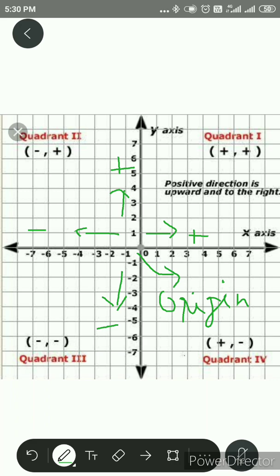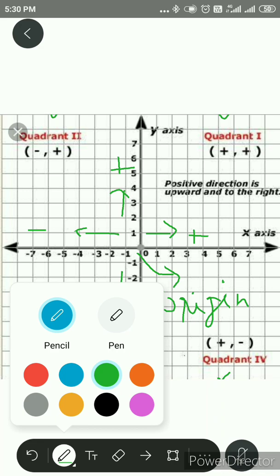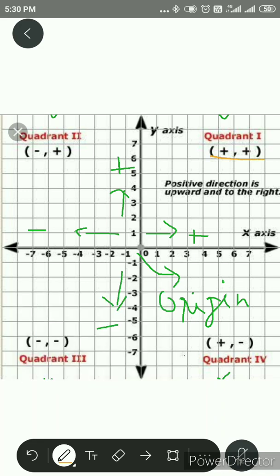The coordinate axes divide the plane into four quadrants: first, second, third and fourth. In the first quadrant, the values of x and y are positive and positive. Both the values will be positive.